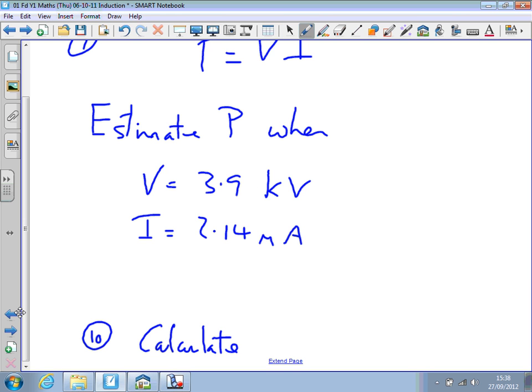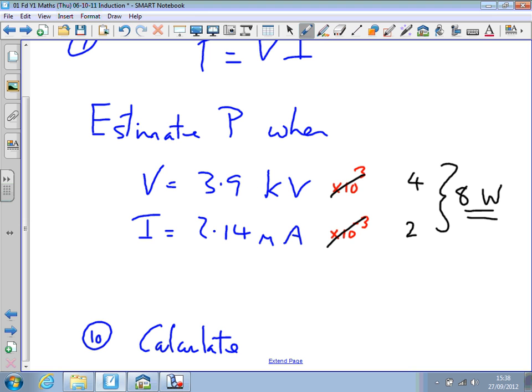Kilo is times 10 to the 3, milli is times 10 to the minus 3, and when you multiply, you add the powers, 3 minus 3 is 0, so they cancel. So it ends up being just 3.9 times 2.14. So if I'm going to estimate this, 4 to one significant figure, 2 to one significant figure, that's going to give me around about 8 watts.